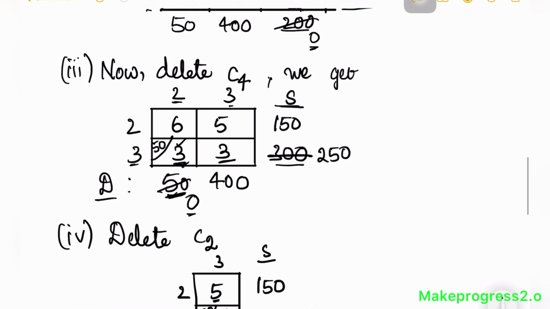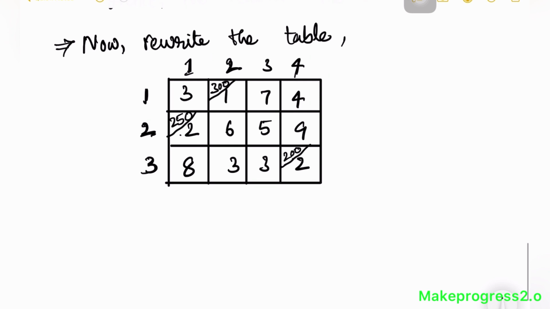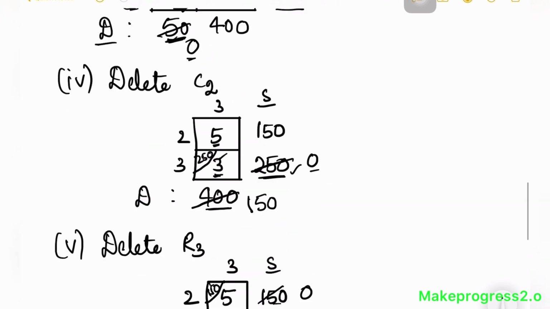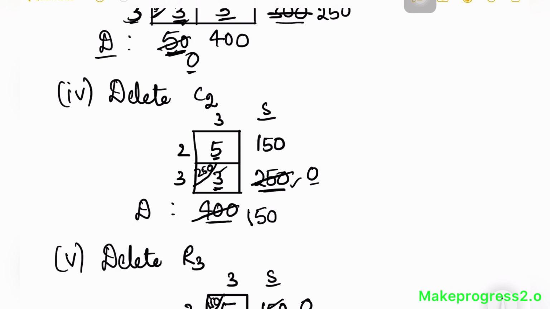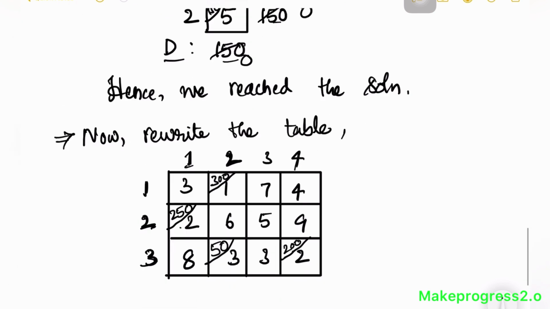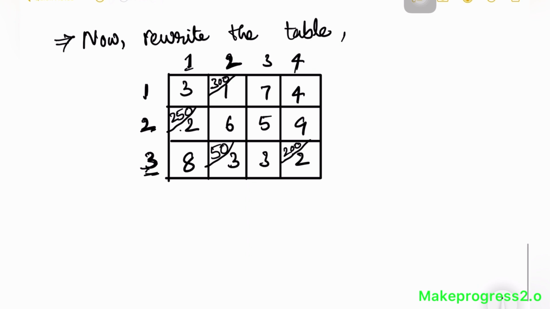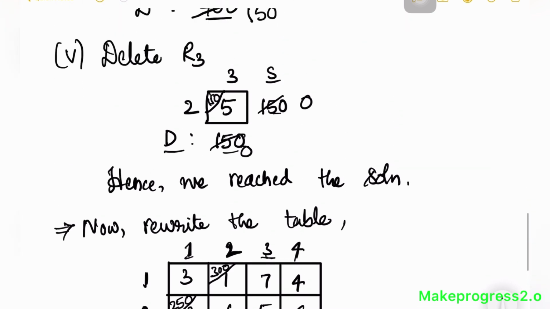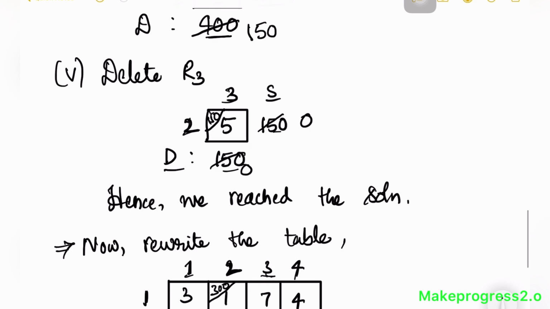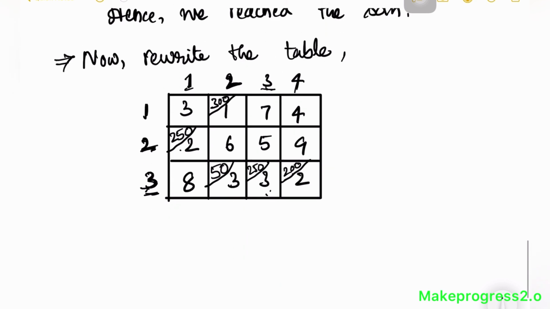And next at 3 2, third row second column, you have 50. And next at the third row third column you have 250, right? Yeah, 250. And last one at second row third column, you have it as 150.